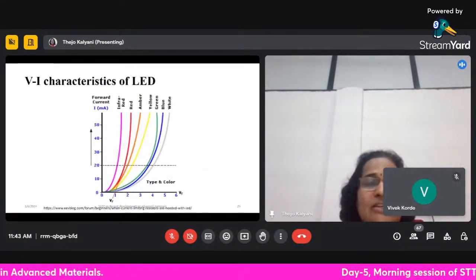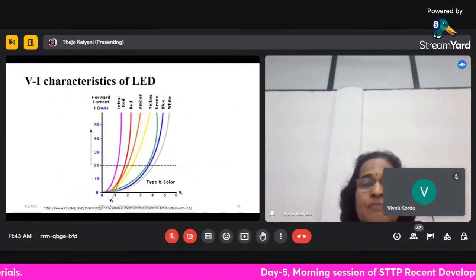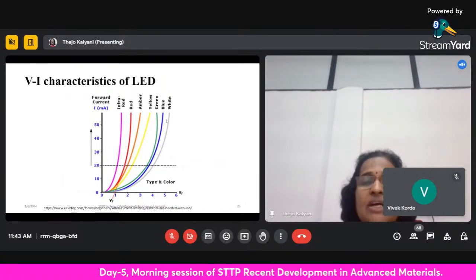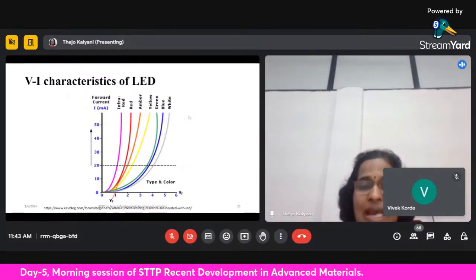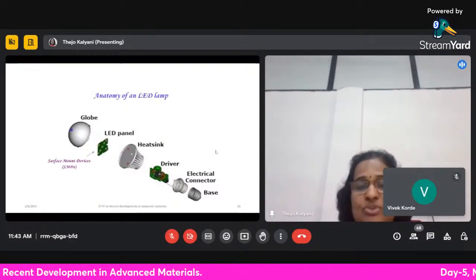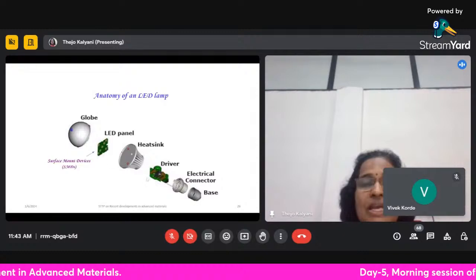So these are the VI characteristics of an LED. Depending upon the color, the barrier voltage would be different. So this is how the VI characteristics of an LED look, and this is how the LED lamp looks. So these are the parts of the LED lamp.